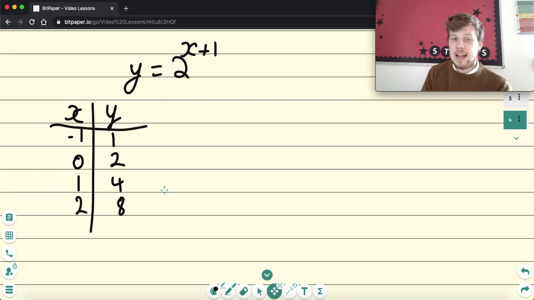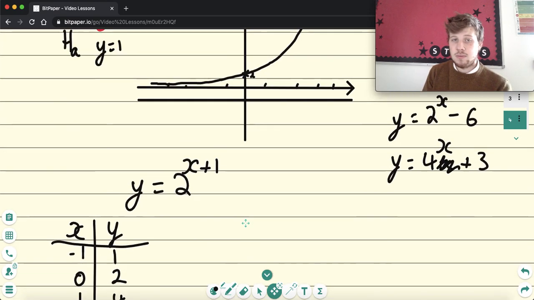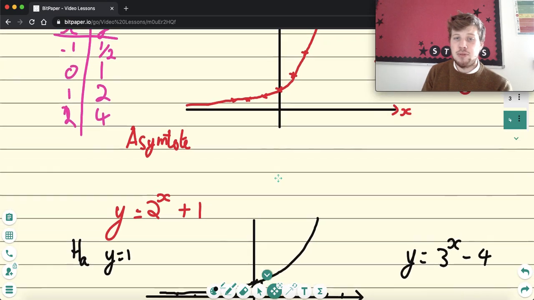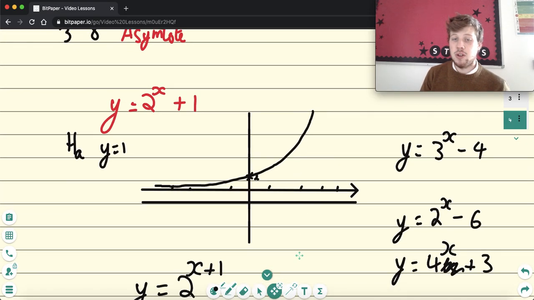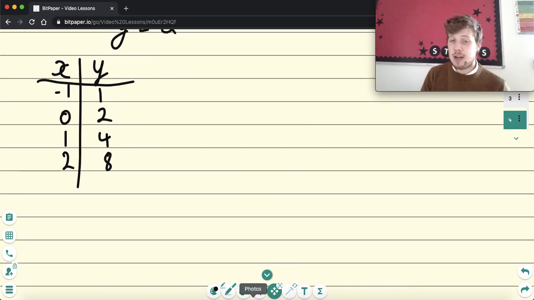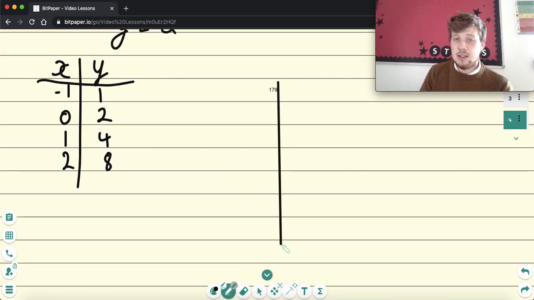If we try and compare these values with the values we had previously here, well, if I carried on the next one, I would have an 8 in this situation here for 3. So everything that's happened is that my x value has gone back 1 space. So the corresponding y value and x value has just gone back 1 space. So when I come to plot this, let me just draw my axes.